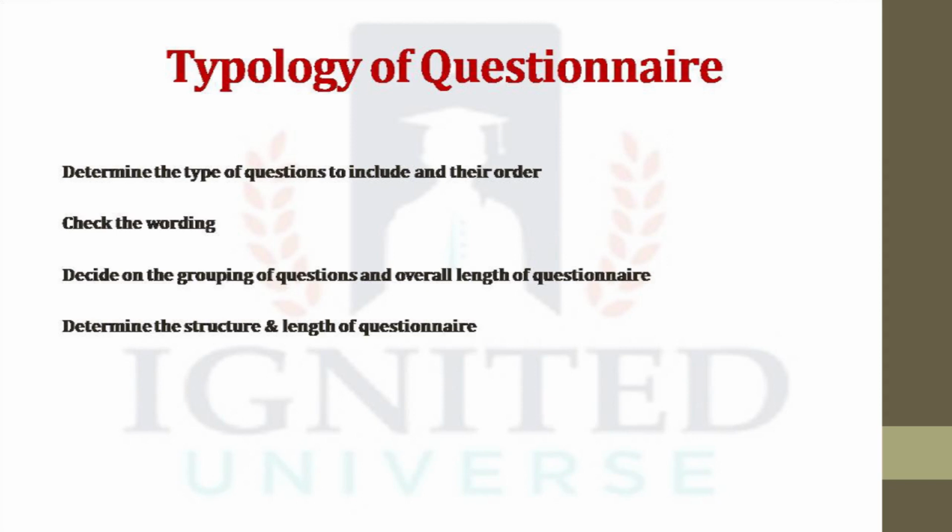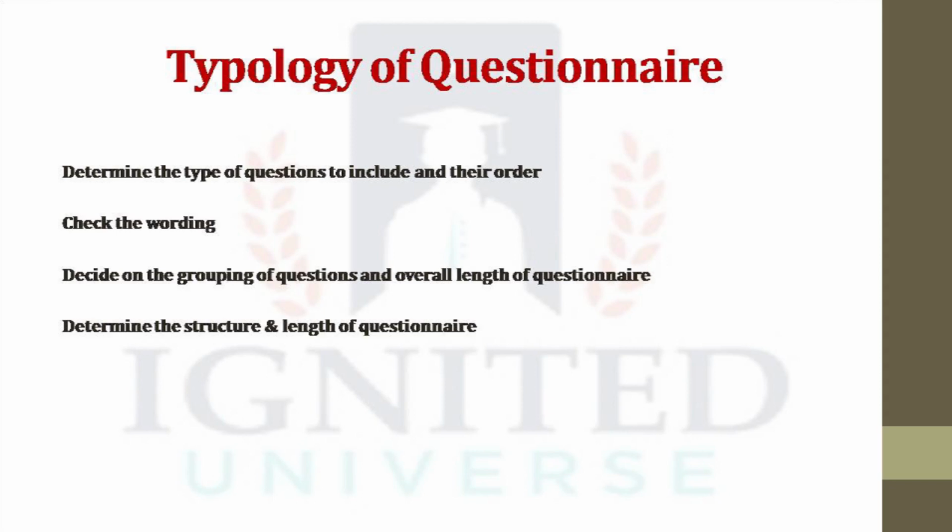A better way to put this question is: in a typical month, how often do you visit a store? Less than once, 1 or 2 times, 3 or 4 times, or more than 4 times. By writing the same question in this manner, we'll improve the response rate of the questionnaire.